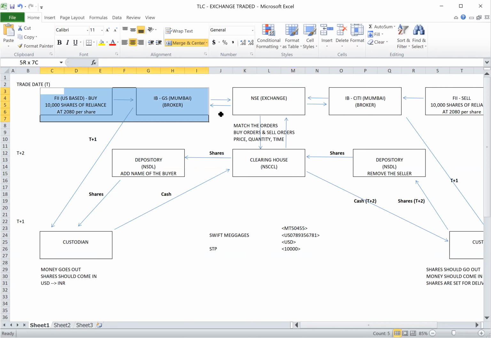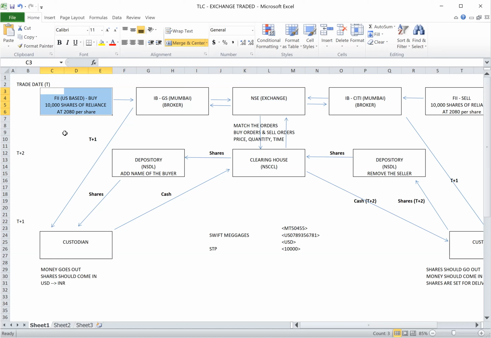Guys, are we clear with this much so far? Yes, sir. I know it's new, but if it is not clear, let me know. It's important. Can you please explain again? Yeah. See what is happening. We have taken an example where a US based entity, we call that US based entity a foreign institutional investor, FII.